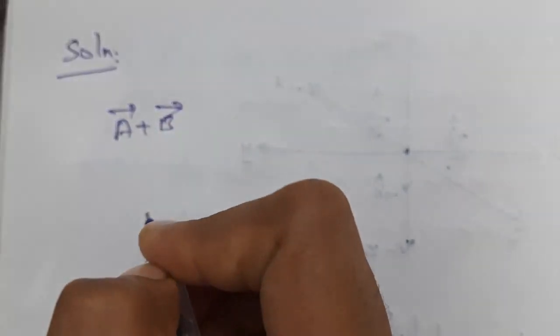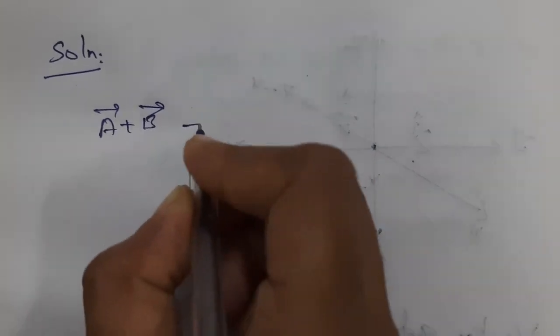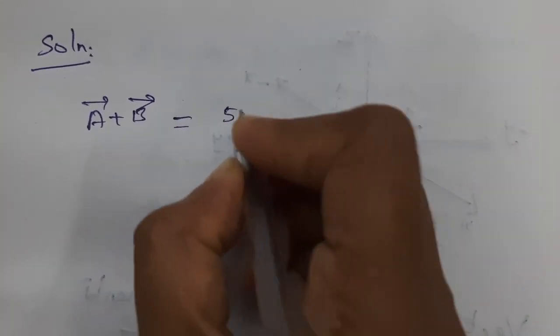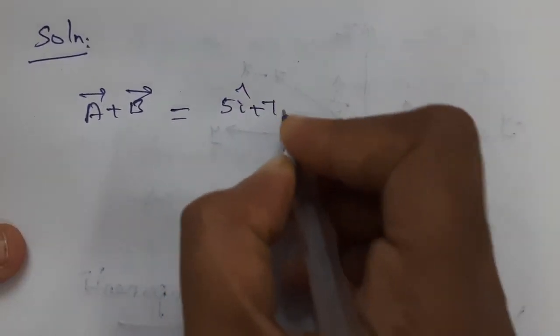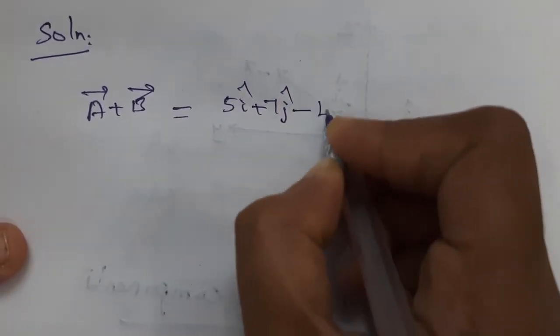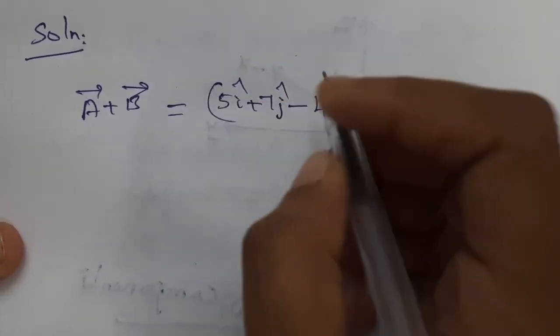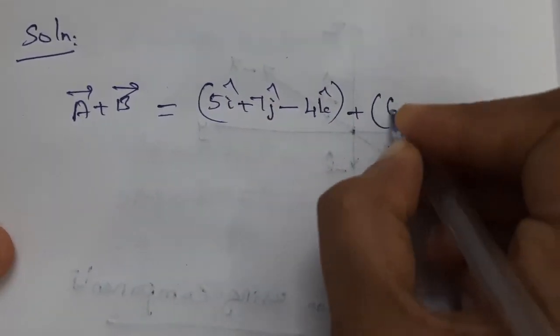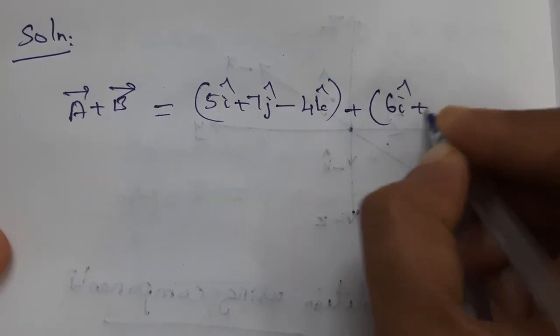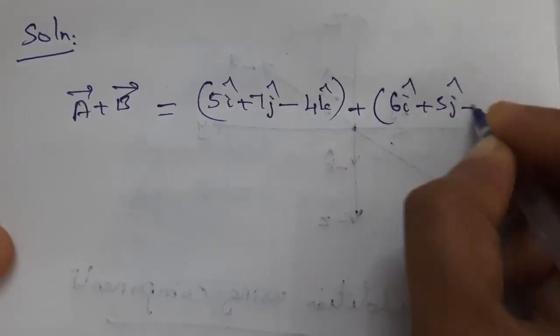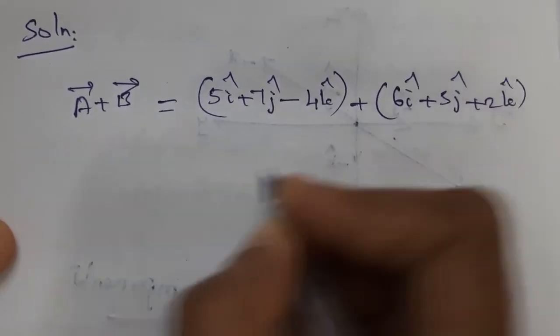A vector plus B vector equal to 5i cap plus 7j cap minus 4k cap plus 6i cap plus 3j cap plus 2k cap.